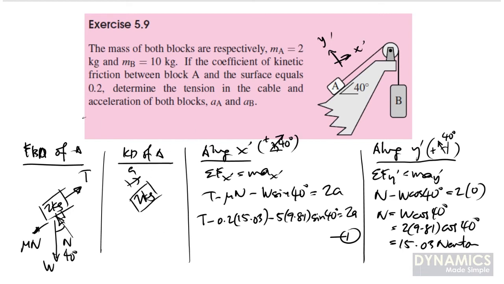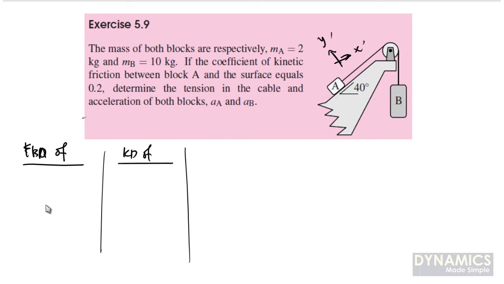So we'll be repeating the same approach now for B. Again for B, B is having a mass of 10 kilogram. And it's pulled by the cable, so you have tension from the cable.